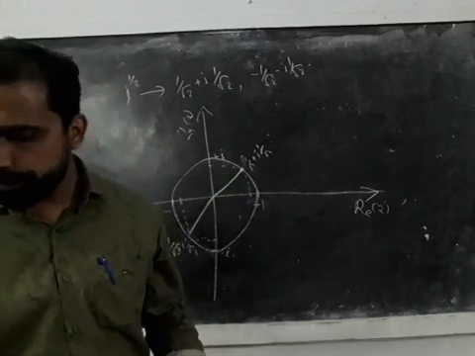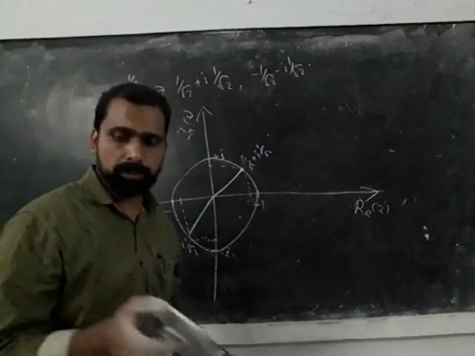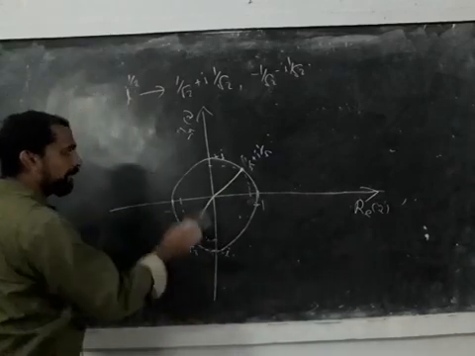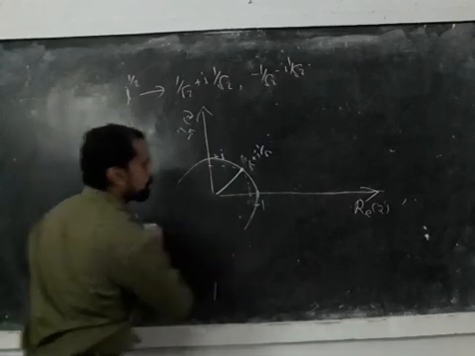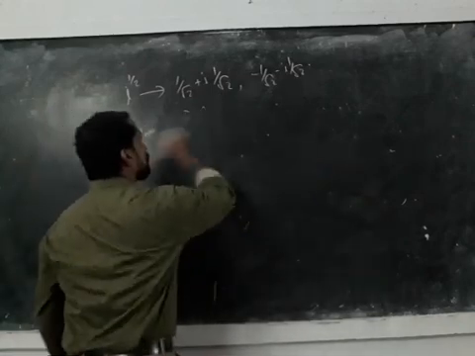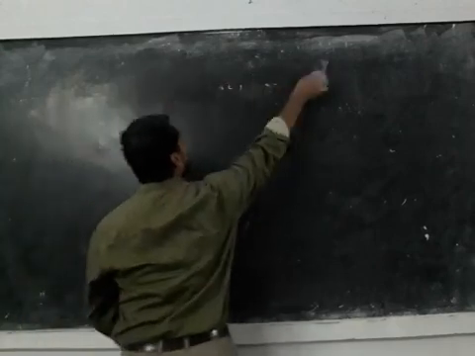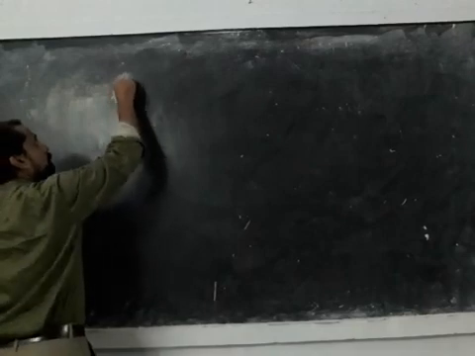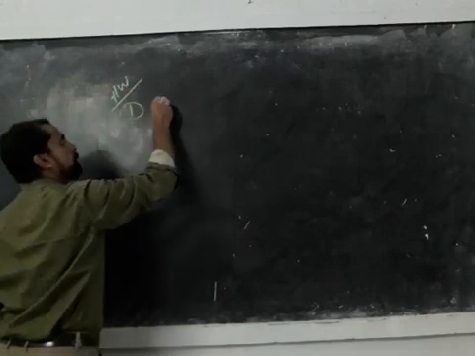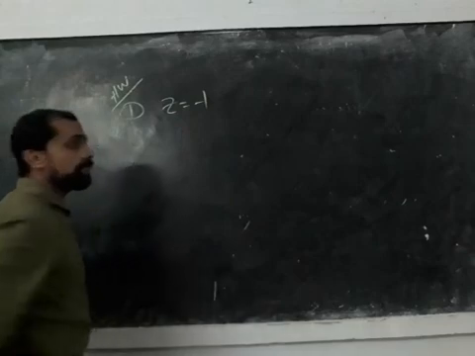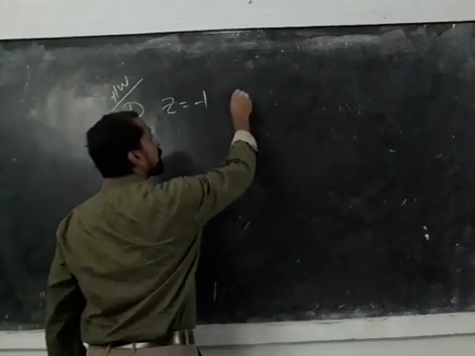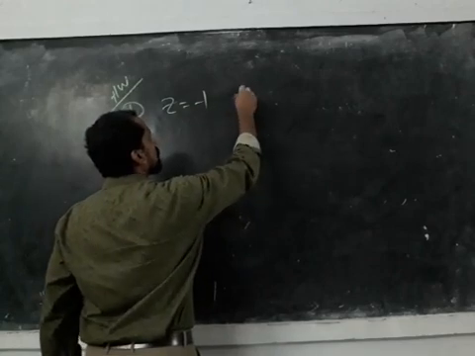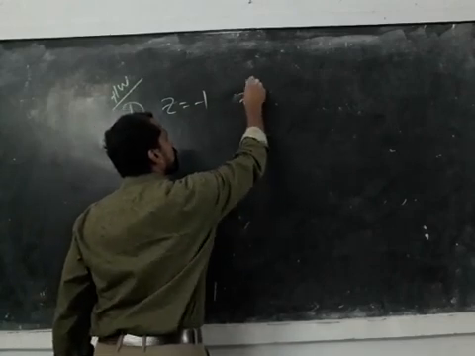Now I will give you a few examples to do at home and send to me, and you also have to draw them like this. The first homework: z is equal to minus 1 and you have to find the cube root, that is z raised to 1 by 3.